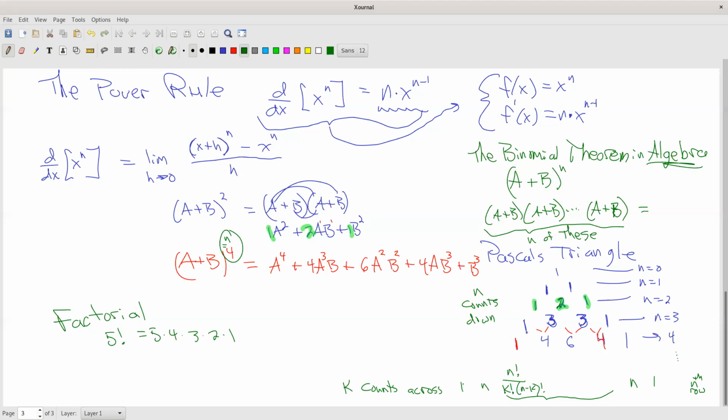So I have k equals 0 here, and then k equals 1 is this one, and then the next one would be k equals 2, and all the way down to the end here where k would be equal to n exactly. So if I pick on, say, this coefficient right here, that 4, n is equal to 4 there, and k would be equal to 1 there.